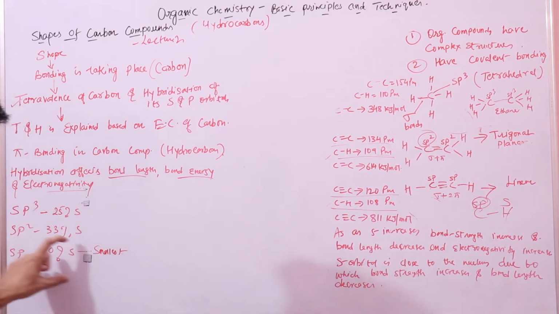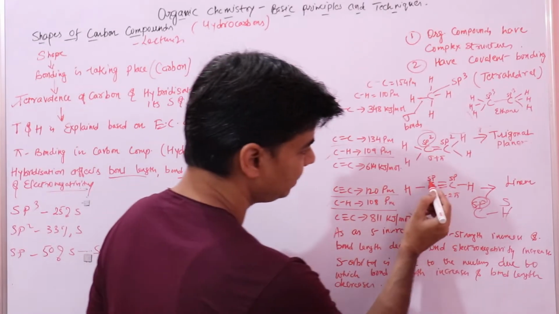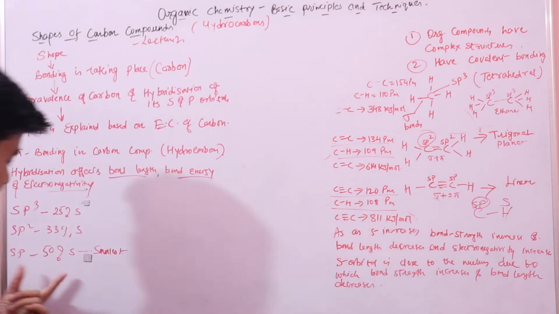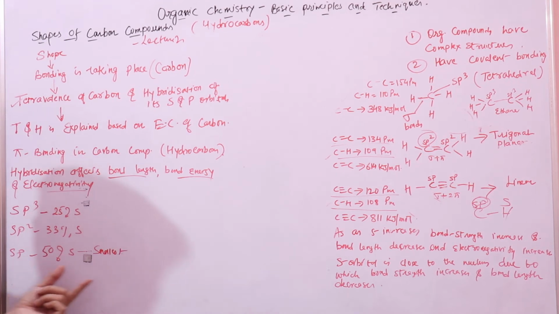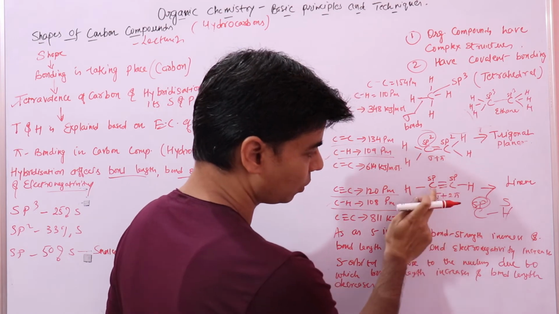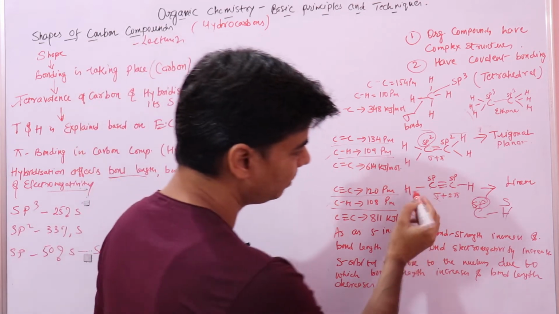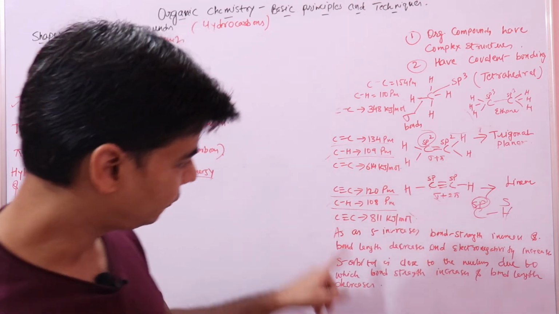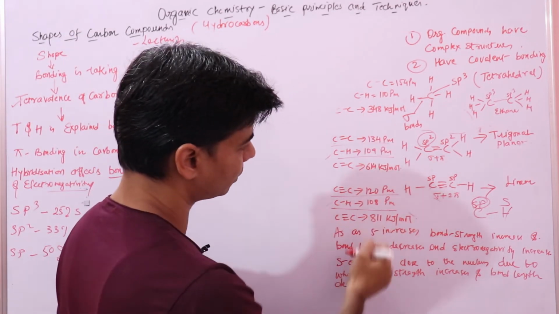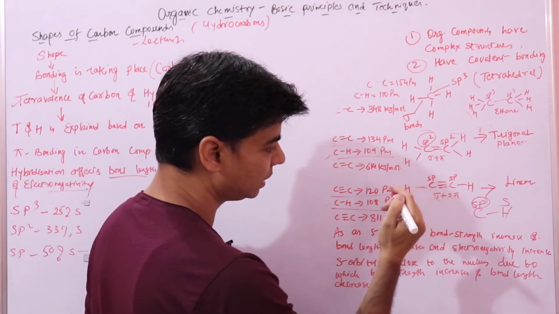So if you look at acetylene, this carbon atom is sp hybridized, that means it is smallest as per this explanation because it has maximum s character. Since the sp orbital of the carbon atom in acetylene is smallest, it will make shorter bonds, right? That is why the experimental determination was that the CH bond is also smaller. As the s character increases, the carbon-hydrogen bond length is also decreasing, right?